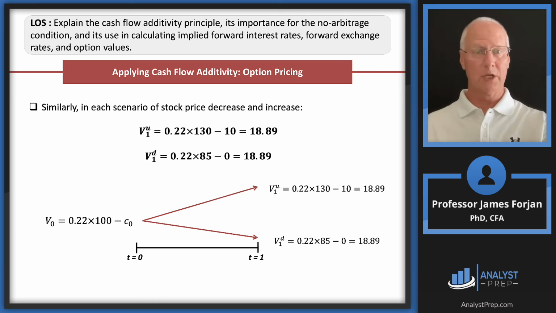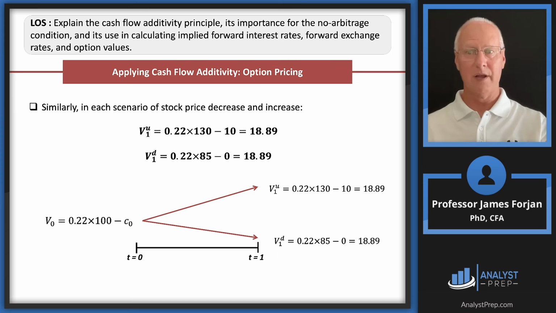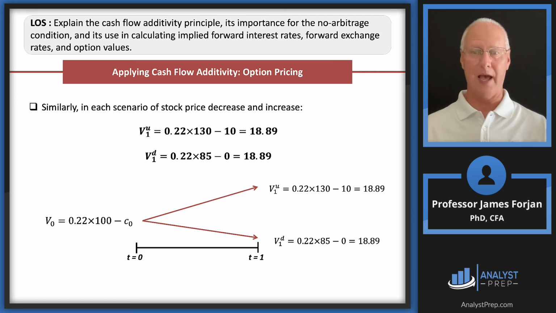Well, there's the 18.89. So look at the bottom of the timeline here at time period T minus 1. What do we know? The value of this portfolio is going to be worth either $18.89 if the stock price goes up, or $18.89 if the stock price goes down. Those are expected future cash flows.